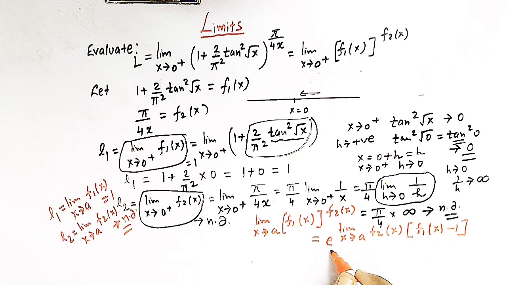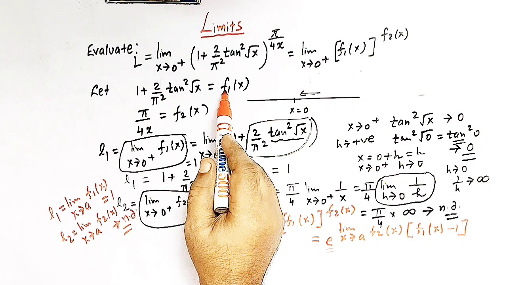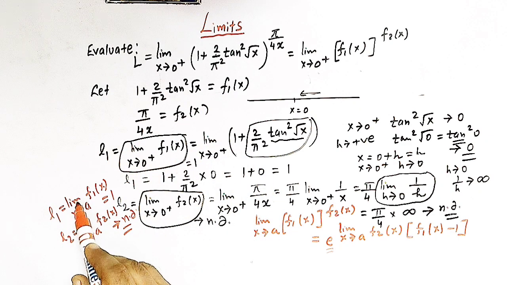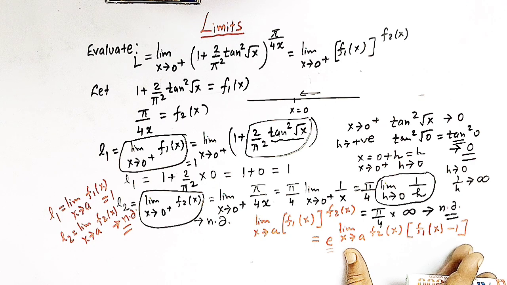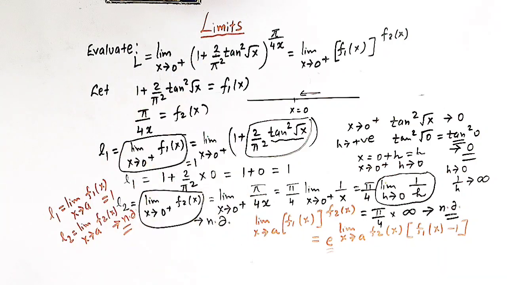Here we see that both our functions f1(x) and f2(x) satisfy these two conditions, right? So let us now apply this rule to get the value of this limit L.